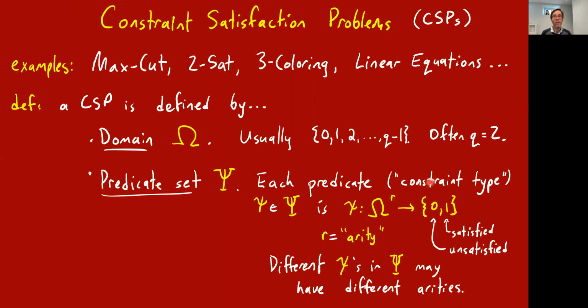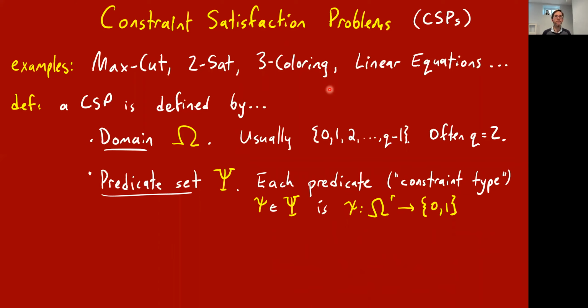And your predicate set can have different arities if you want. Like if we wanted to capture 2SAT, remember we needed some OR-type predicates of arity 2 and 2 OR-type predicates of arity 1. That's fine. And that's it. Once you define the domain, and most especially the set of predicates, that defines a particular kind of CSP, like, as we'll see, max cut or 3-coloring.